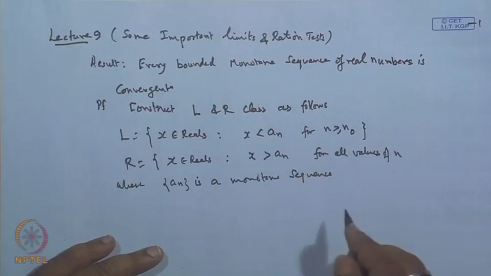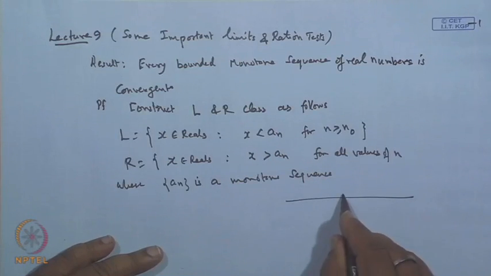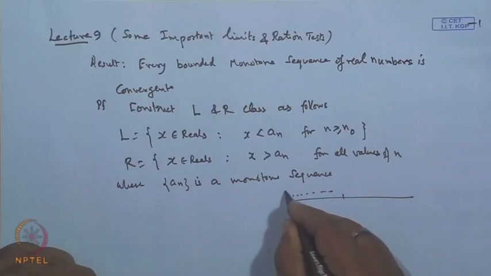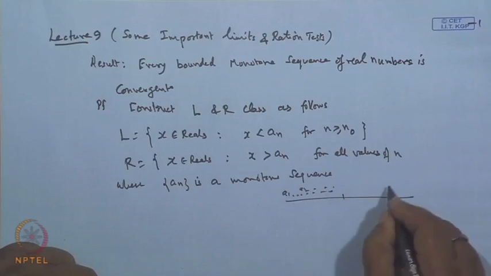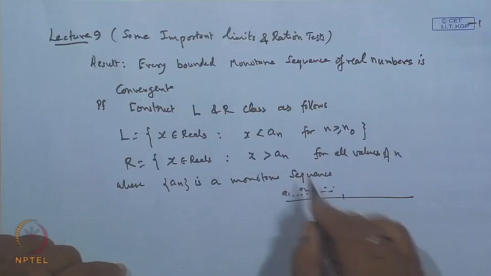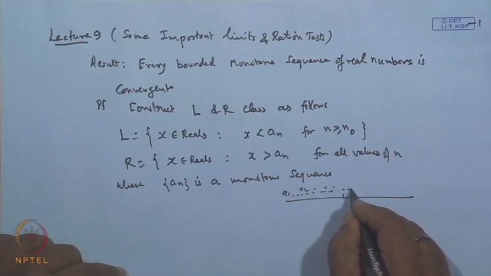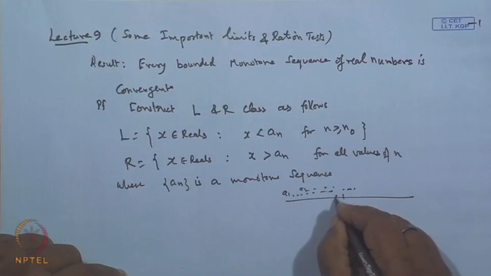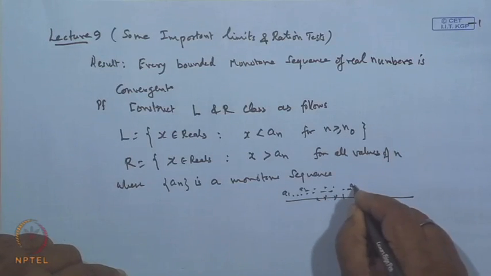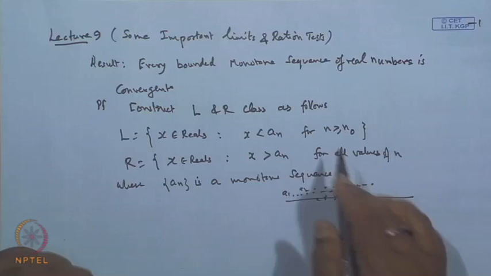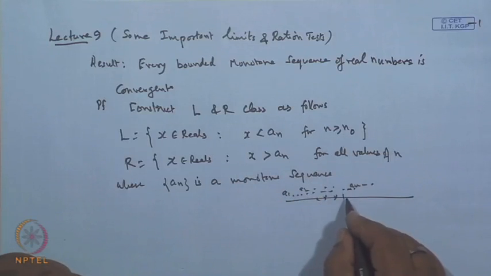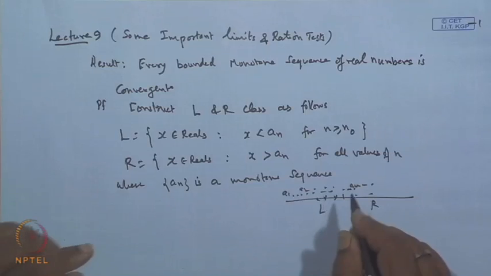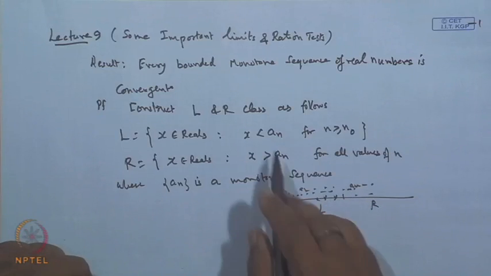So, the set of those real numbers which are less than a_n for n greater than n naught, these are the points in the lower class, and the set of those real numbers which are greater than a_n will be put in the upper class. So, it will converge from here.